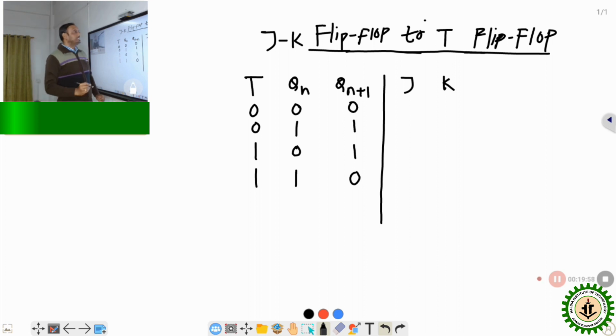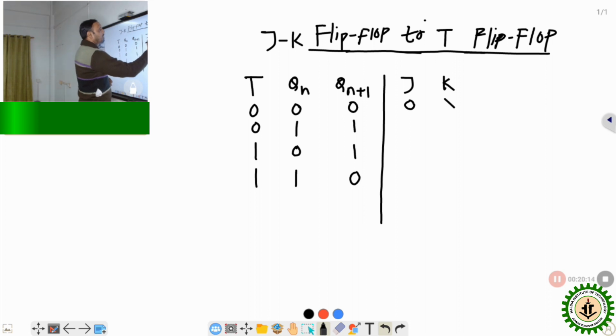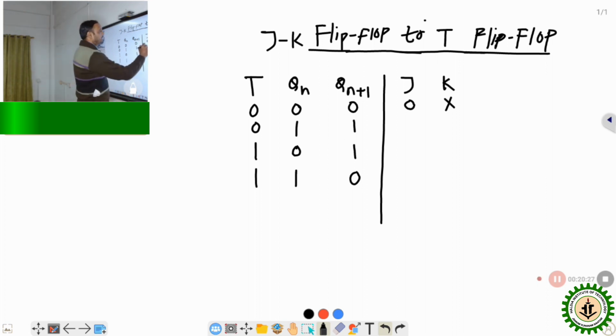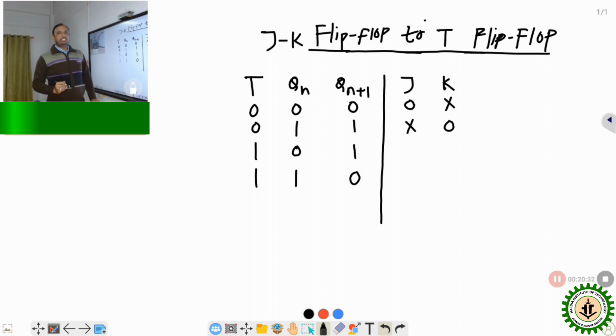What will be the value of J and K according to the excitation table? 0 0, when it will be 0 0, either J and K both are 0 or J 0 K 1, that means 0 don't care. 1 1, in which case either both are 0 or J equals to 1, K equals to 0, that means don't care 0. 0 1, in which case it will be 0 to 1.